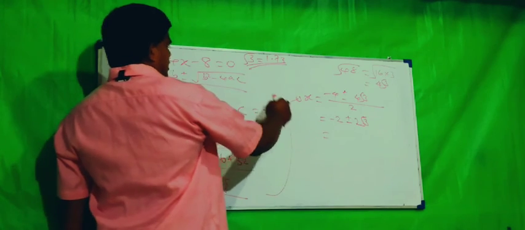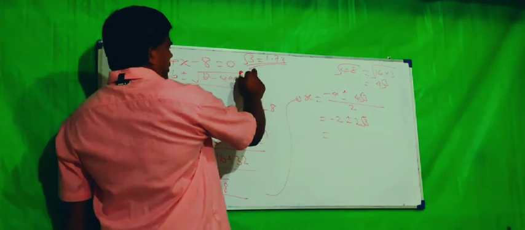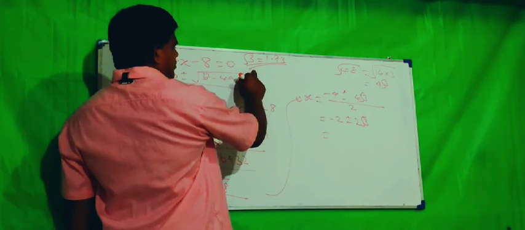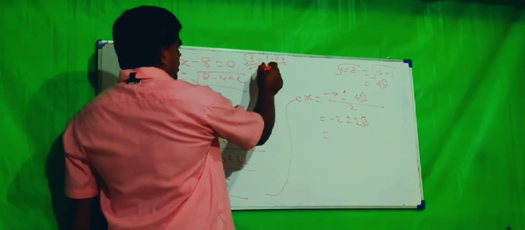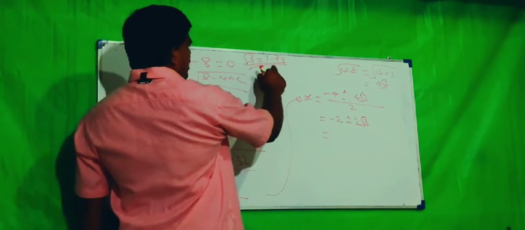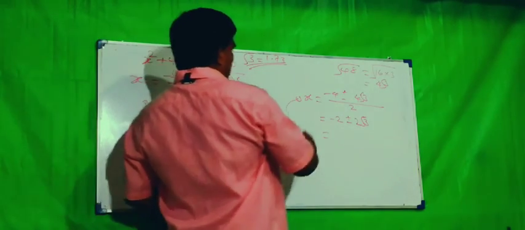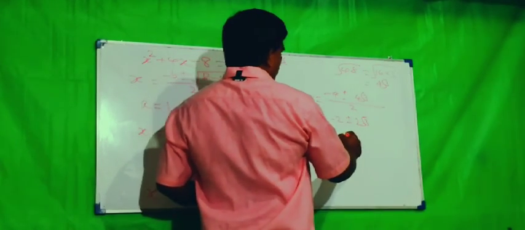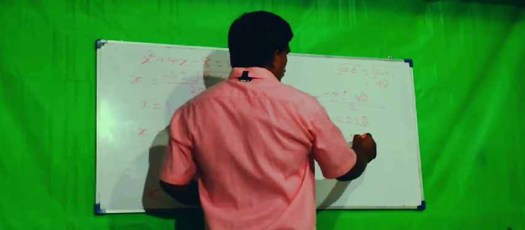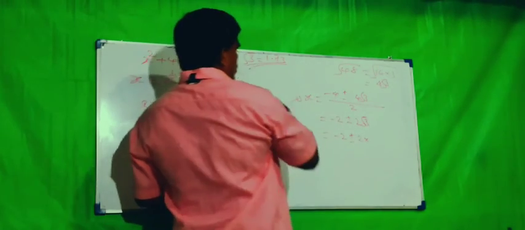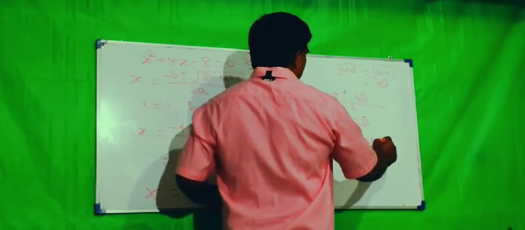In the question, in the description, root 3 is given as 1.73. Now we can use it and substitute: minus 2 plus or minus 2 into root 3, which is 1.73.